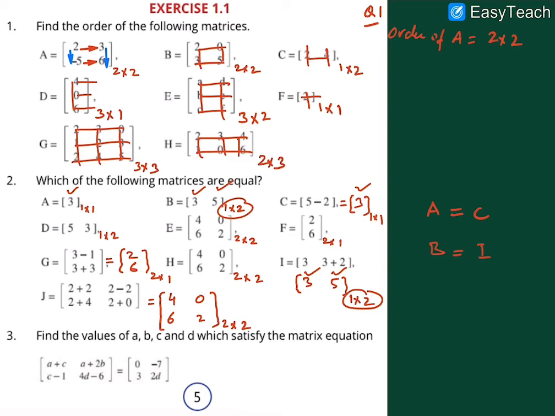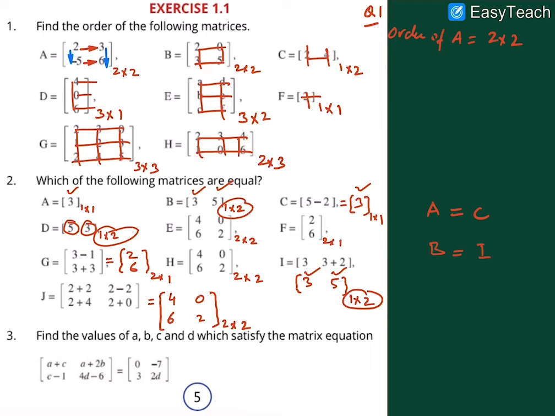So B is equal to I. You cannot say it is equal to D, even though the order is the same. D also has order 1 into 2, but the corresponding elements are not the same. Here we have 5 and 3, but in B and I we need 3 and 5, not 5 and 3.